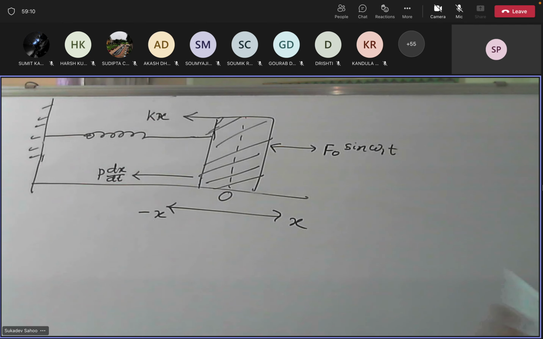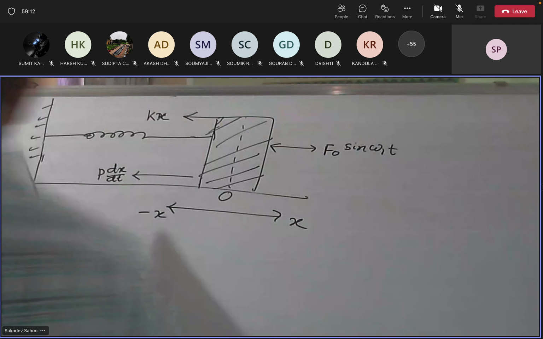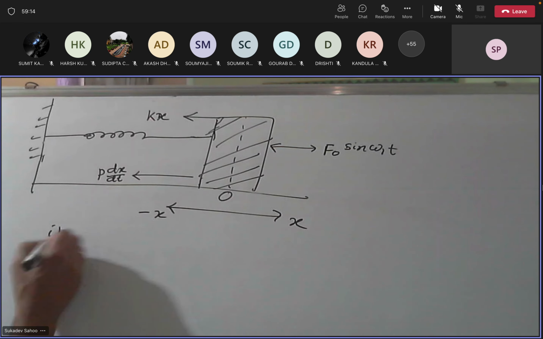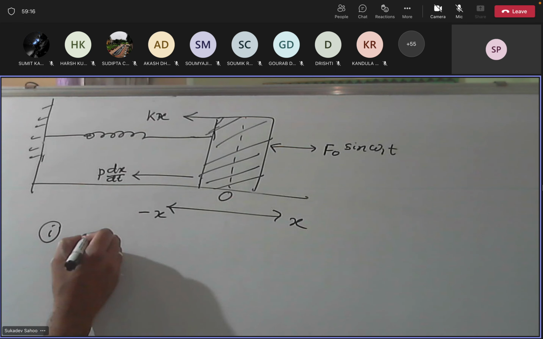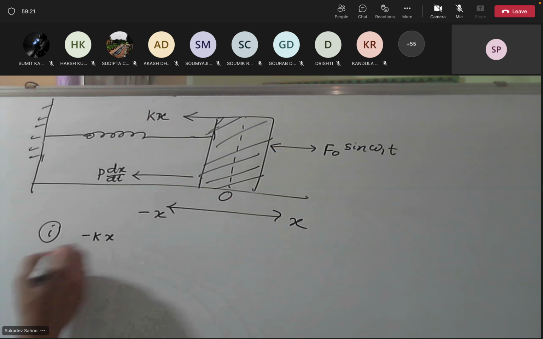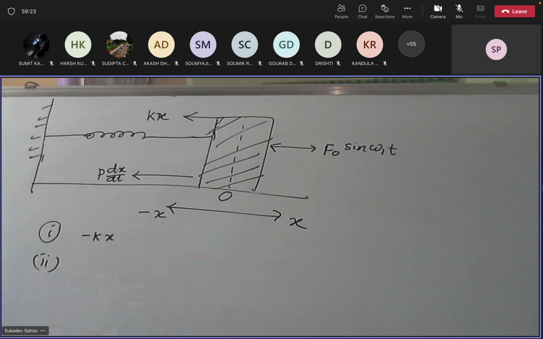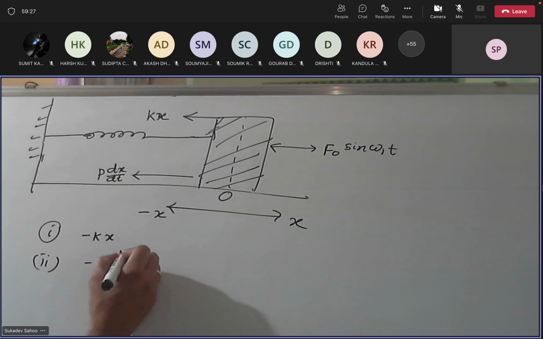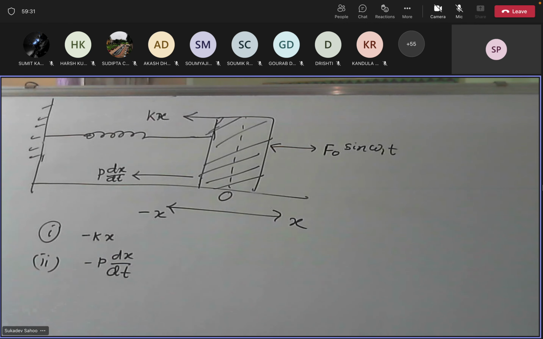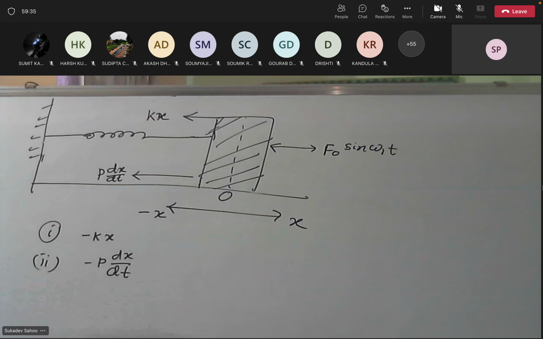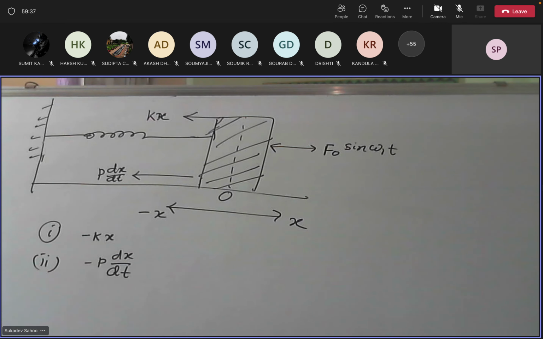Now, what are the different forces acting upon the body? You can see. The first one, restoring force, that is, you can write restoring force minus kx. Second one, damping force, that is minus p dx by dt. Here we have said that p is the damping constant and dx by dt is the velocity of the body at time t.